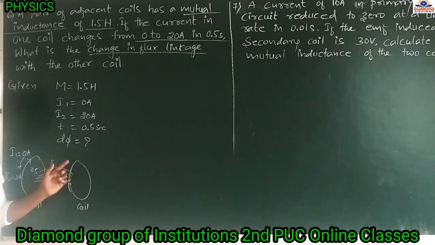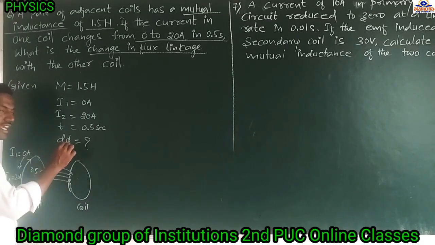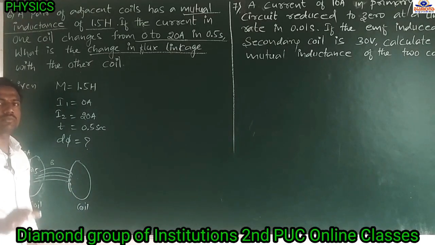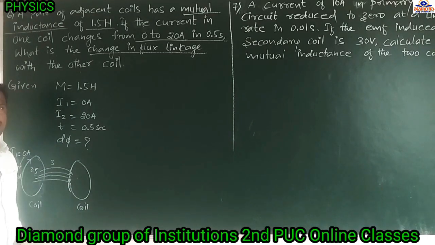How much magnetic flux will change because the current value is changing? Magnetic flux is a scalar quantity. It has only size but not direction.